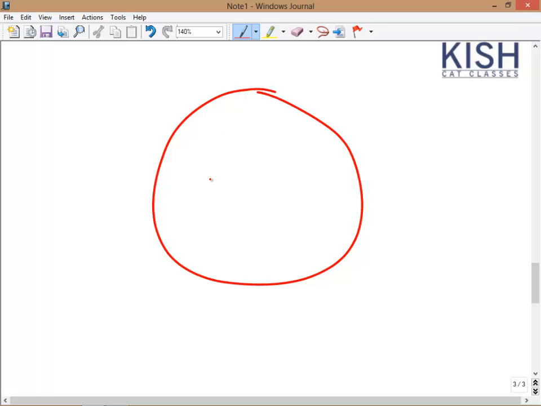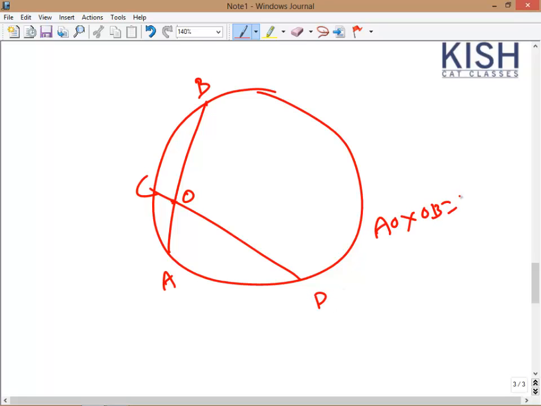Inside a circle, if two chords intersect like this, let's say this is O, and it's AB and CD, then AO into OB equals CO into OD. AO into OB equals CO into OD. Two chords.